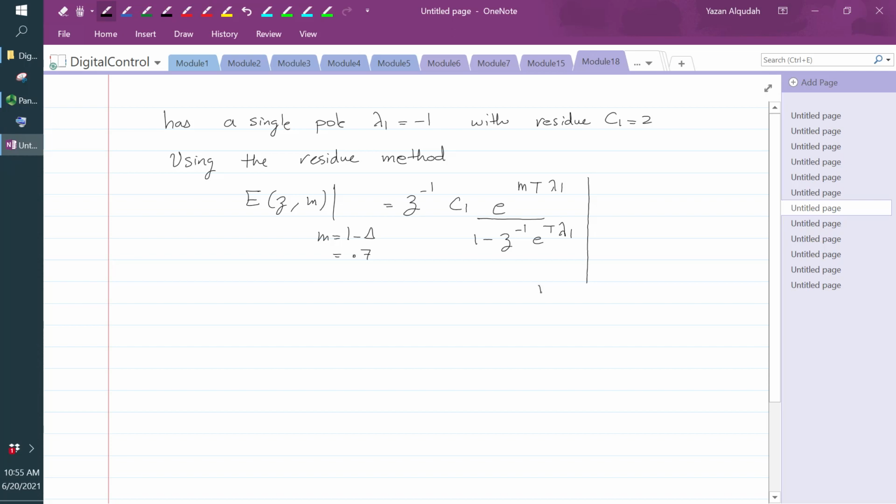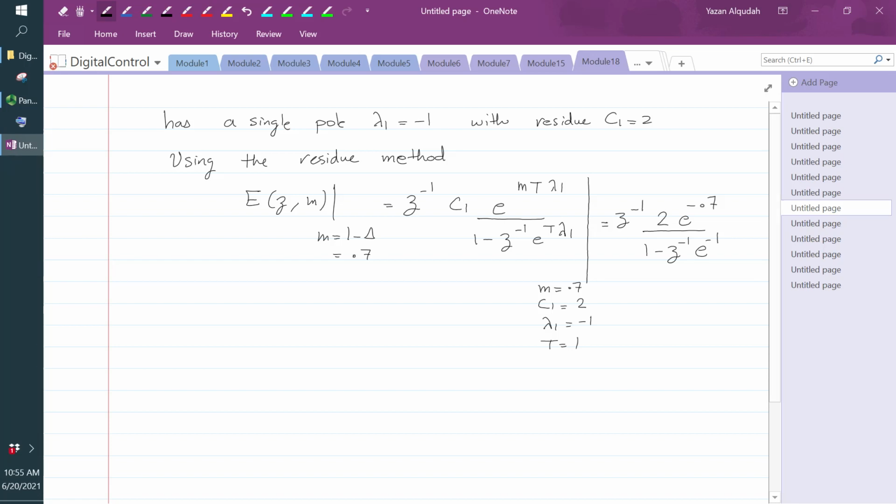In here we know m is equal to 0.7, C1 is equal to 2, the residue, lambda 1 is equal to negative 1, the pole, and T is given equal to 1. So if I plug in these values, I'm going to get Z to negative 1, 2, e to negative 0.7, divided by 1 minus Z to negative 1, e to negative 1. T multiplied by lambda 1 is going to give me negative 1.